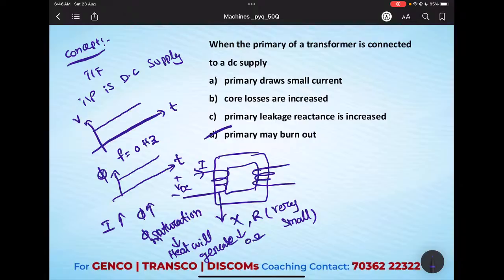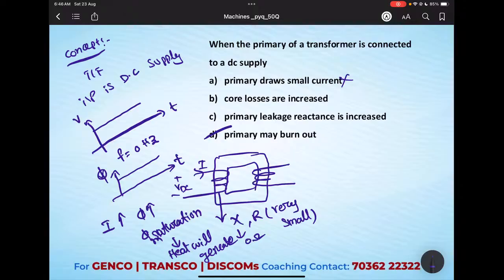A, primary draws small current. No, already discussed here. As reactance is 0, the impedance offered by the transformer will be very less, so definitely current will be high. The second is core losses are increased.